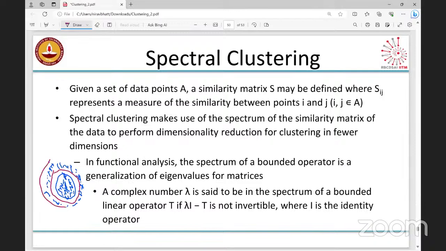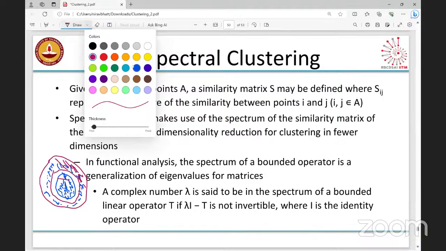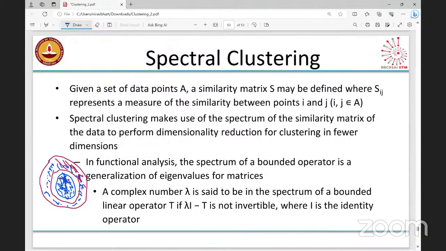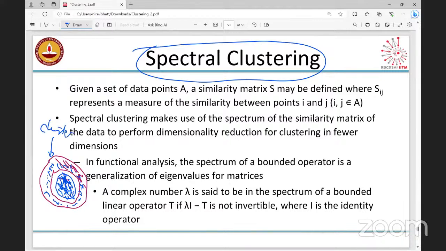This is my other cluster. How can we actually create these clusters? Spectral clustering is another method which is widely used in the literature, which helps us to partition or cluster this kind of complex data, which is not possible with density-based or hierarchical or even k-means clustering.